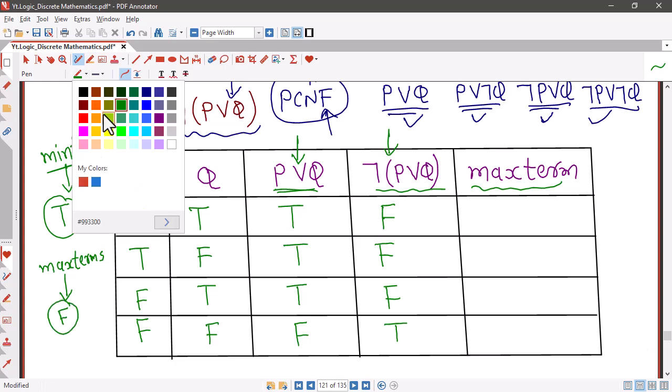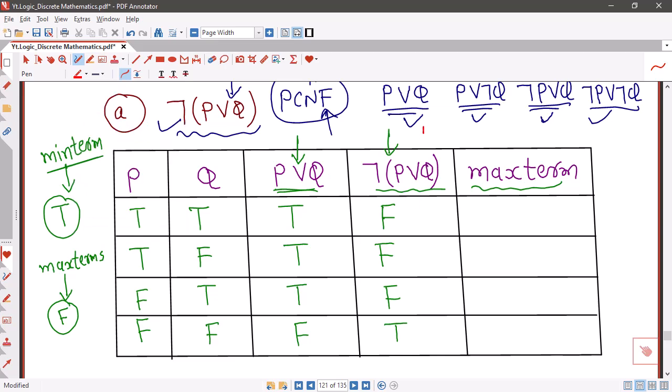So here we can see this is the column corresponding to the given formula, and there are three rows in which we have truth value false for the given formula. So we will write down the max terms corresponding to the false truth value of the given formula.